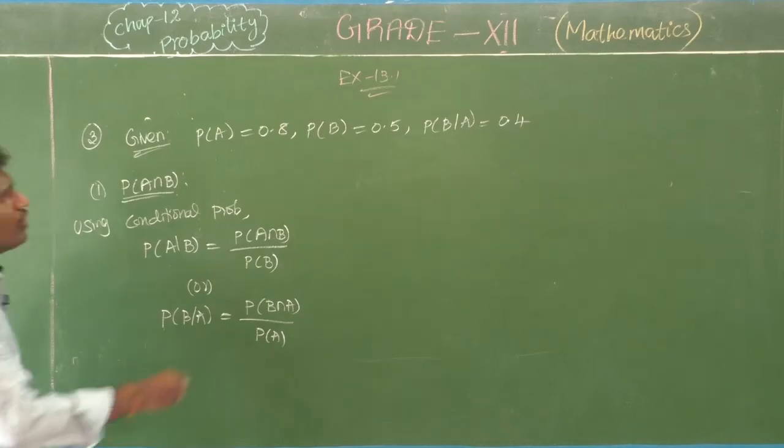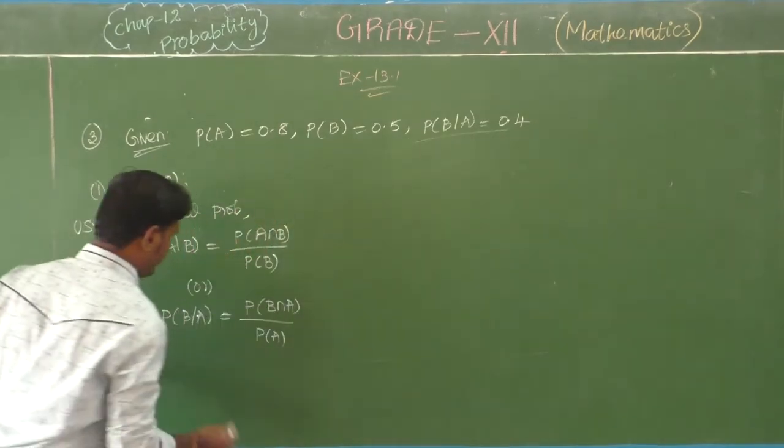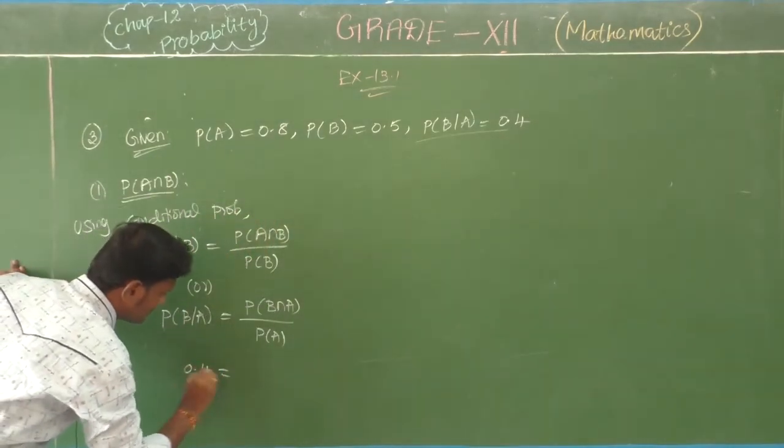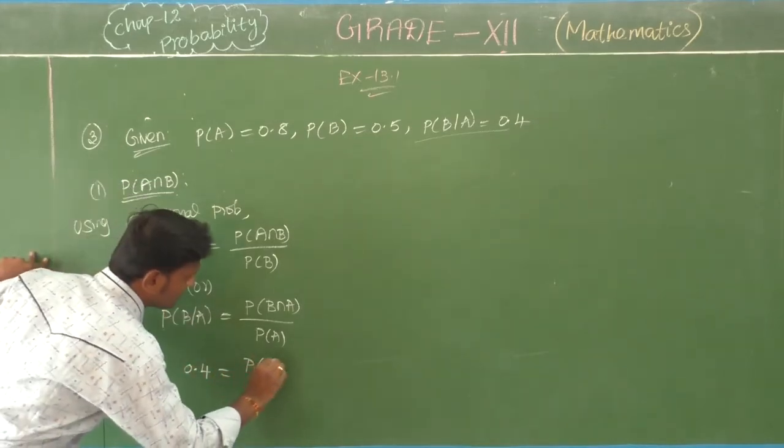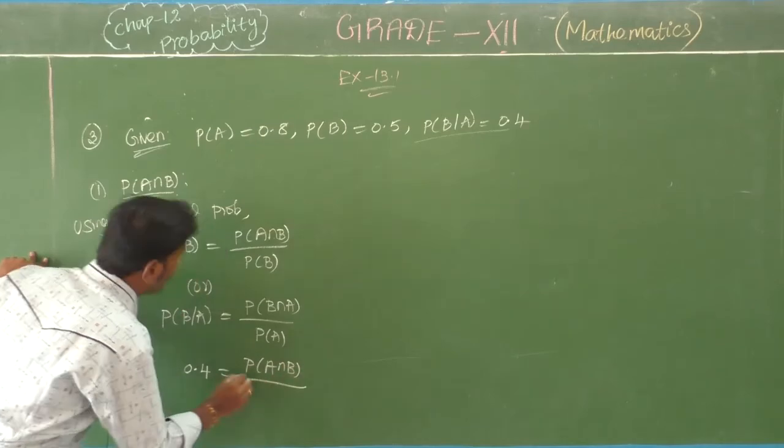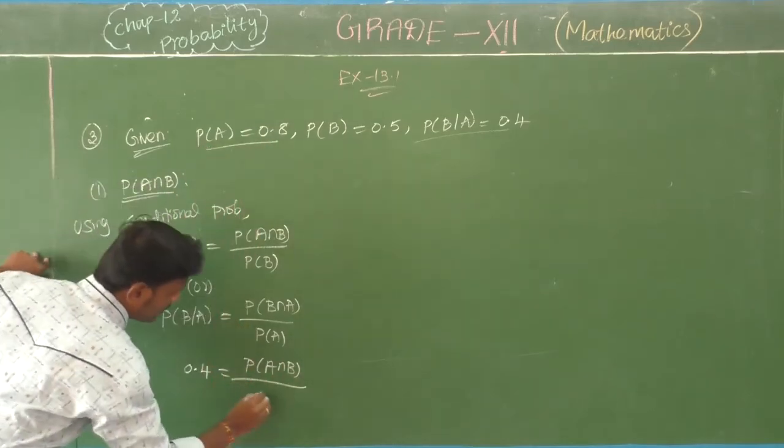Now P of B by A is 0.4, which is equal to P of A intersection B whole divided by P of A, which is 0.8.